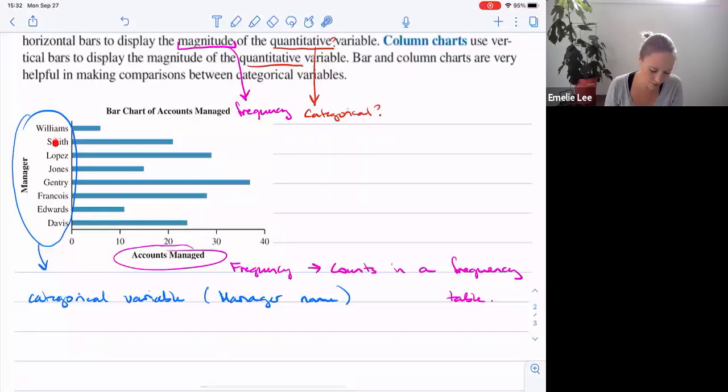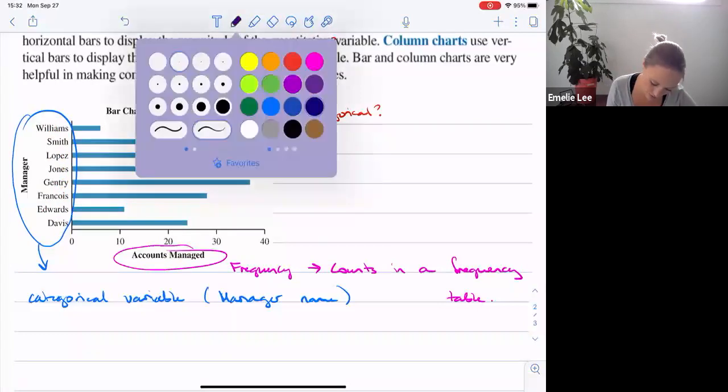So typically, a couple of notes here. If you have text categories, then it's a lot nicer for readability to stack them like this, horizontally.